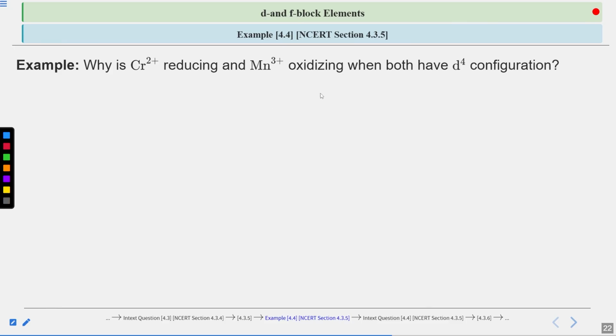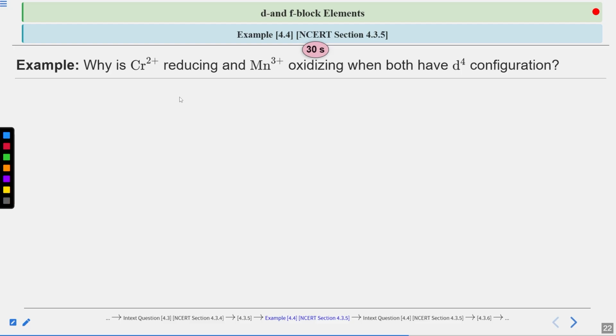Let's do Example 4.4 from the NCERT, section 4.3.5. The example is: why is chromium 2 positive reducing and manganese 3 positive oxidizing when both have a d4 configuration?